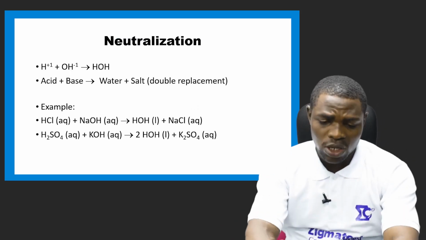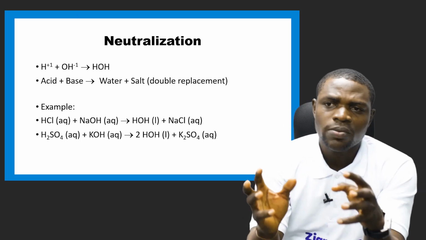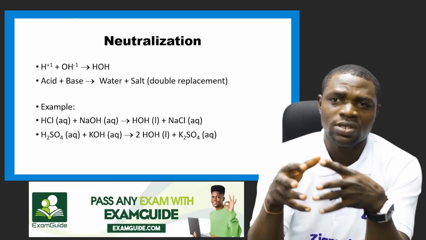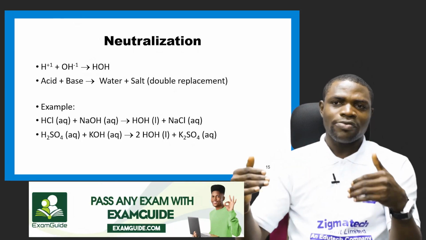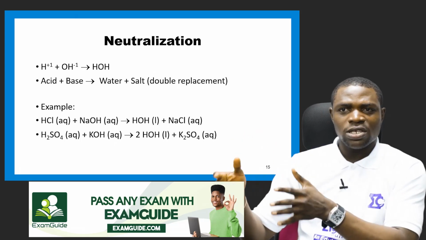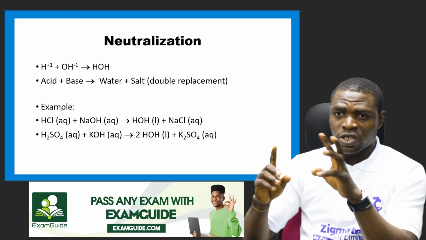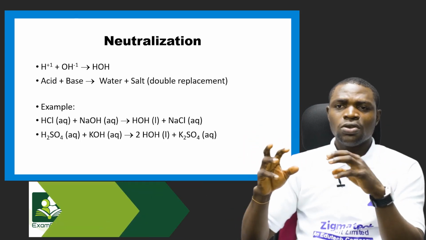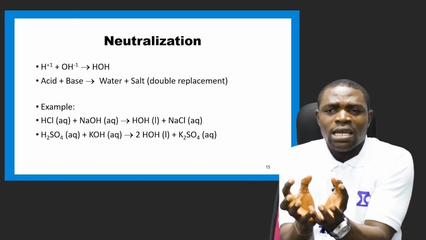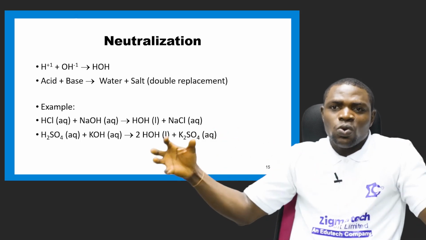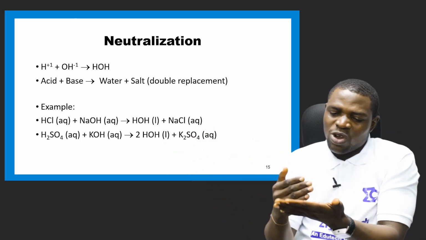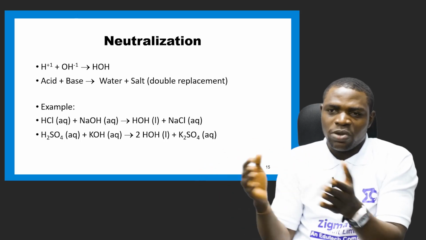Now, I need to take you through the concept of neutralization, because this will form the basis of your understanding as we begin to demystify further the properties of acid and base. There are three parameters we're going to use, based on three scientists that helped us quantify the extent to which we can distinguish between acid, base, and salt.